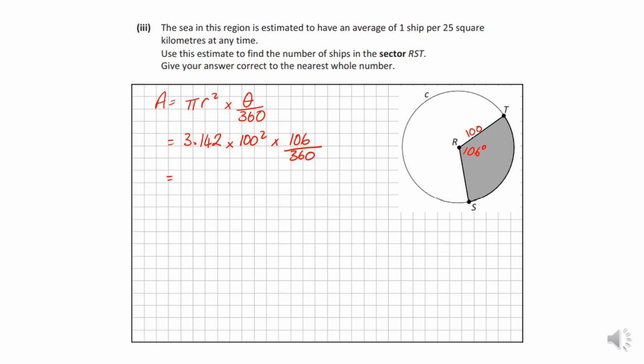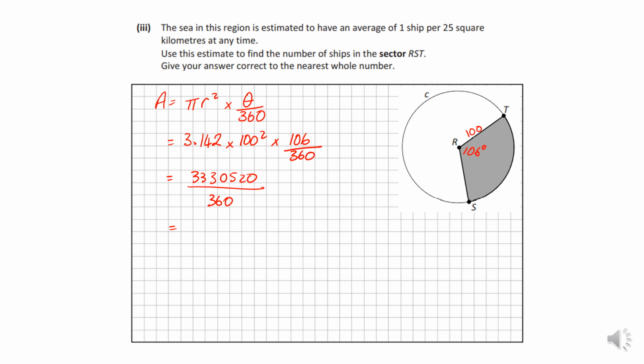Okay, so again we're going to multiply all the numbers on the top line. We'll show it this time maybe. 3.142 by 100 squared by 106. That would give me a really large number, 3330520. Just check that number and make sure you've done it correctly. Divided by 360.